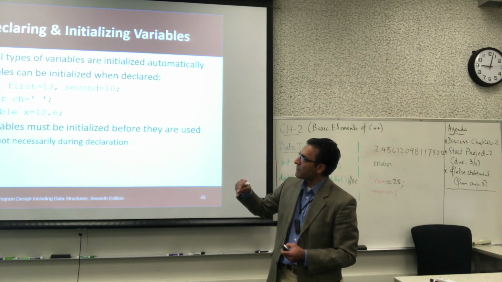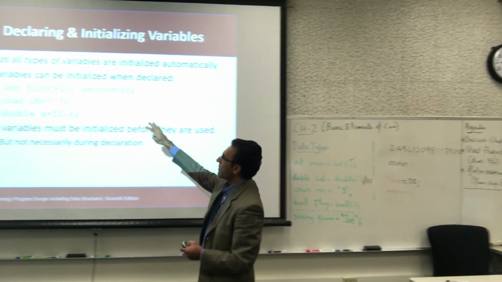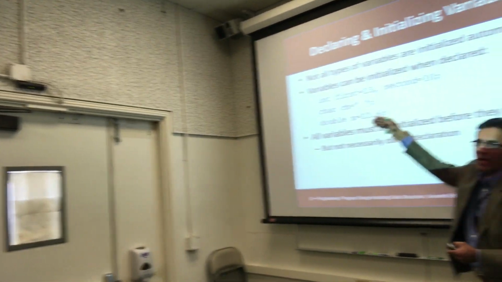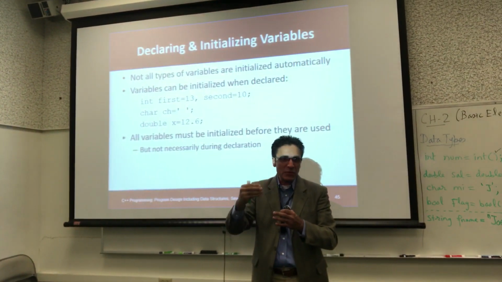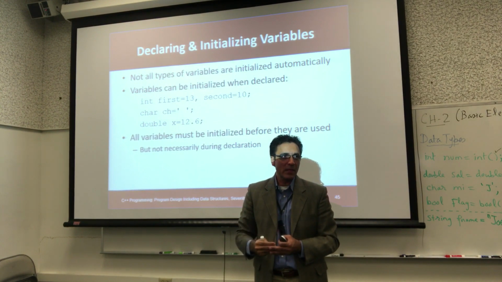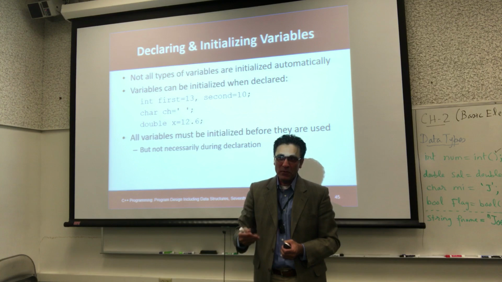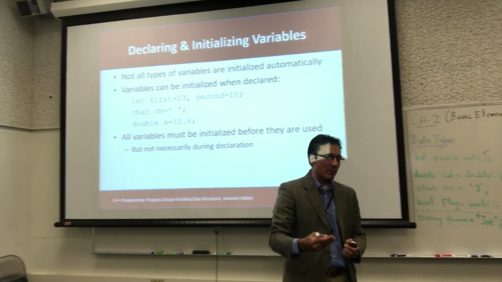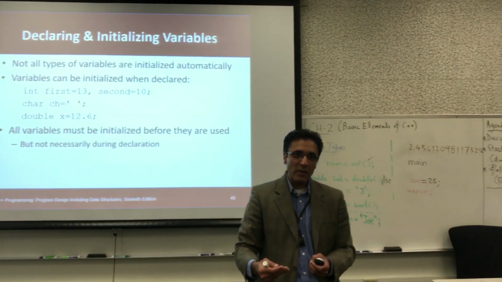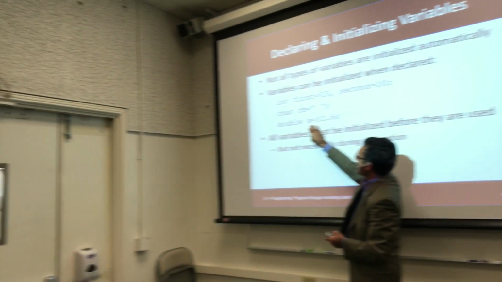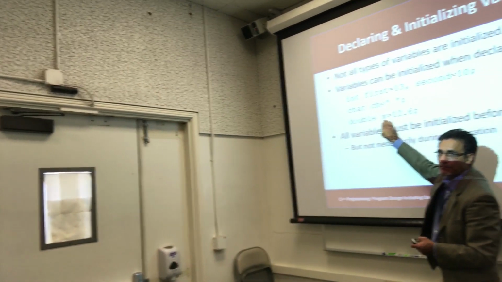When you're learning, I prefer that you do not declare multiple variables in one line. Some of you are comfortable. I prefer that you have each variable declared in a separate line and initialize each one of them. But some of you probably have been programming for some time, so if you feel comfortable, that's okay. But for most of you, declare each variable separately and use descriptive variable names.